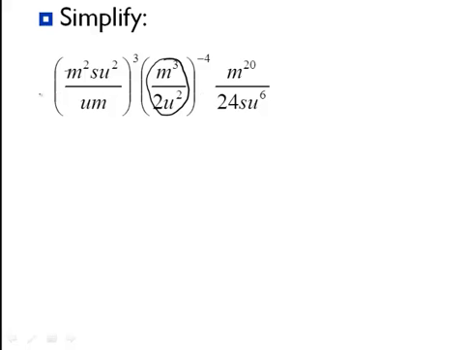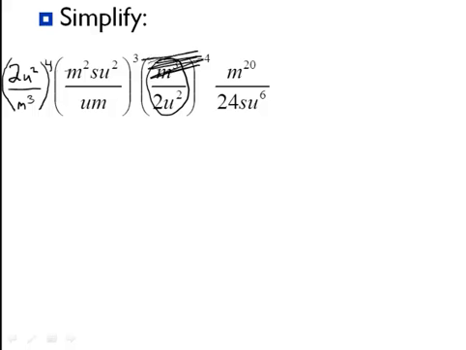And so that would be the same thing as writing 2u squared on top and m cubed on the bottom. And that whole thing is now raised, instead of a negative fourth power, to a positive fourth power.